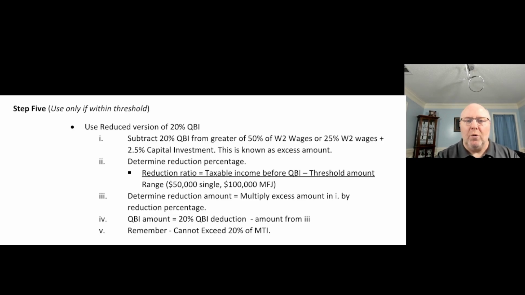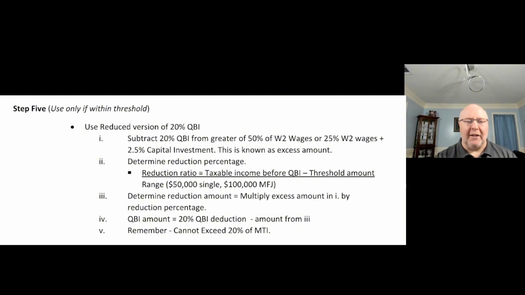Now, instead of comparing it to step 1 and taking the lower of those two, we take the greater of that step 2, which was basically part A and part B from our previous test, and we're going to subtract it from our 20% of QBI.